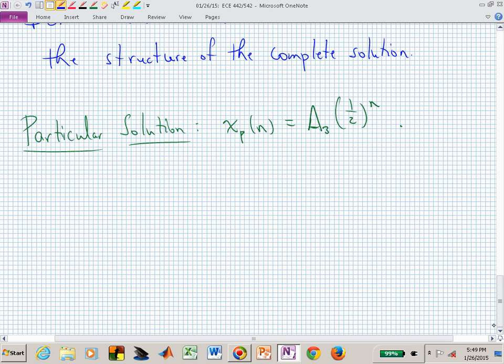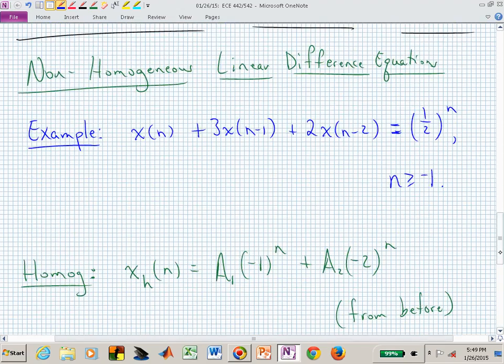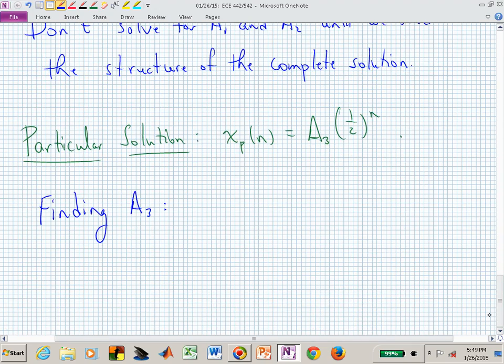Now we do need to find that a sub 3 before we start combining the particular with the homogeneous. Finding a sub 3 now says, oh, just plug this structure in for x sub p. That needs to satisfy this governing difference equation. And x sub n we already wrote down. That should be a sub 3 1/2 to the n.